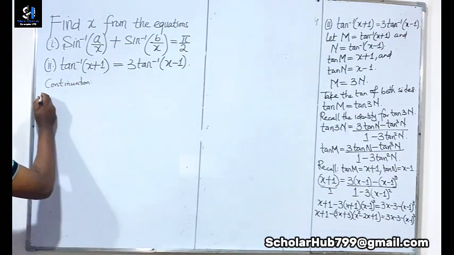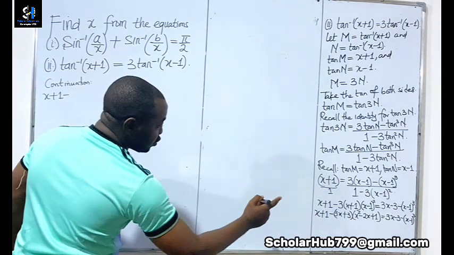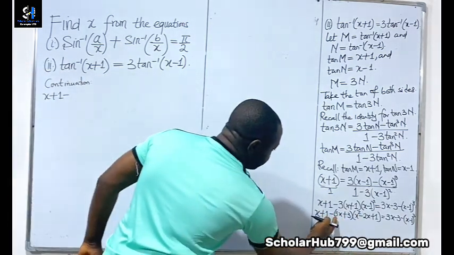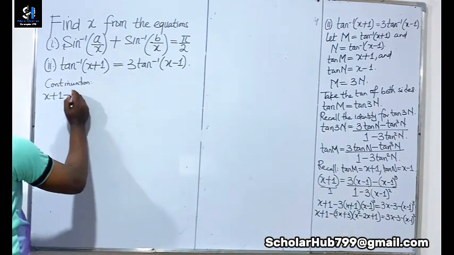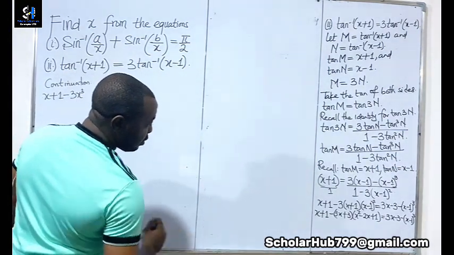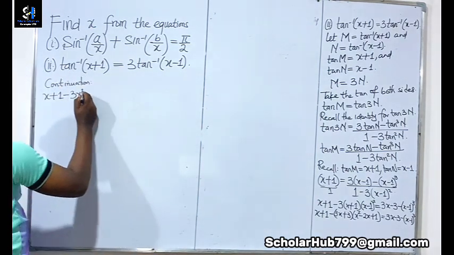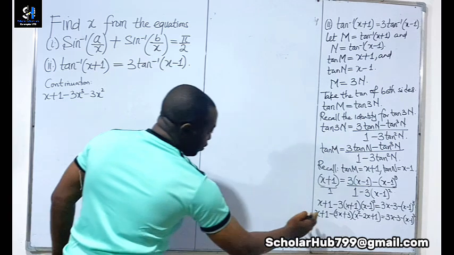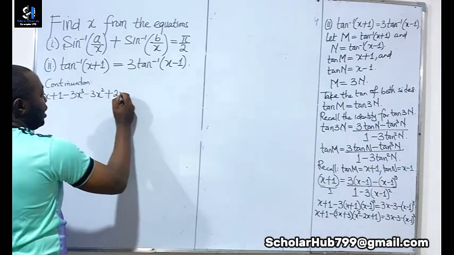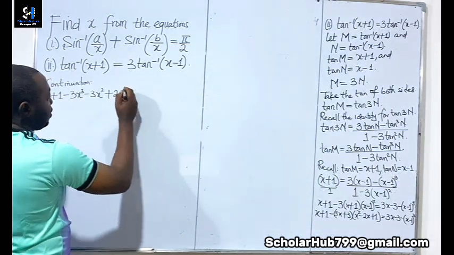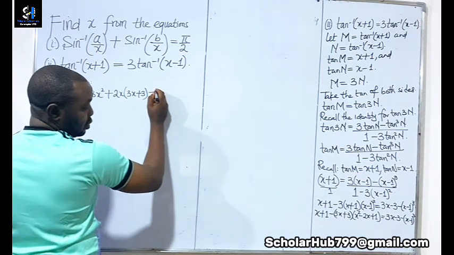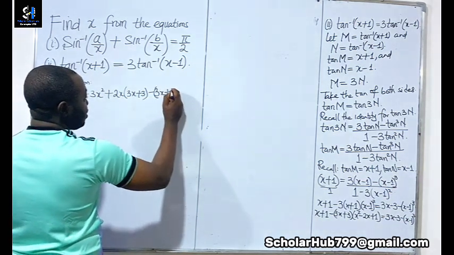So on the left hand side we have x plus 1. If we open that, it will be minus 3x cubed, minus 3x squared, plus 2x into 3x plus 3, then minus 3x plus 3.